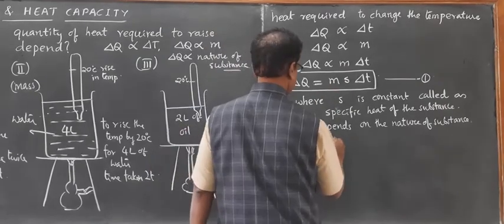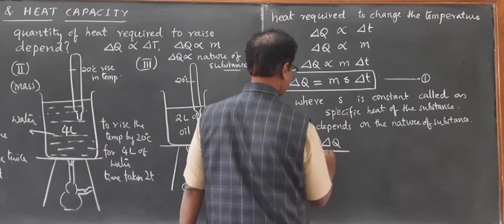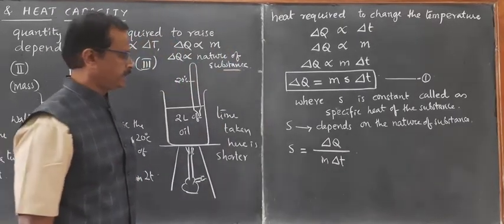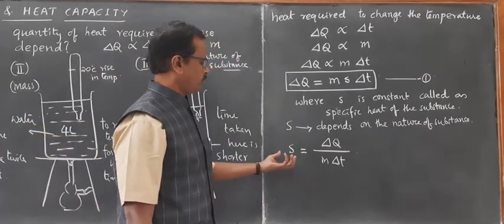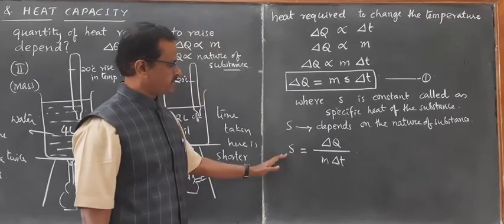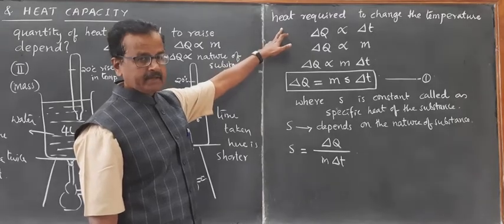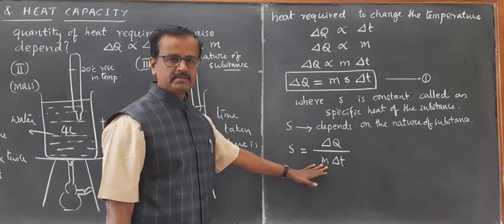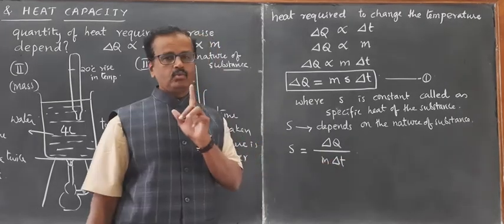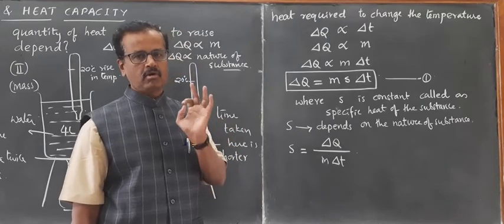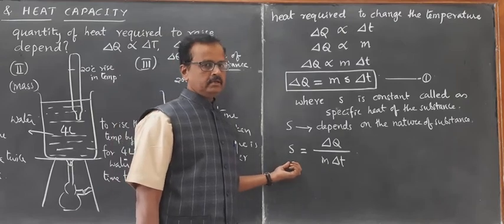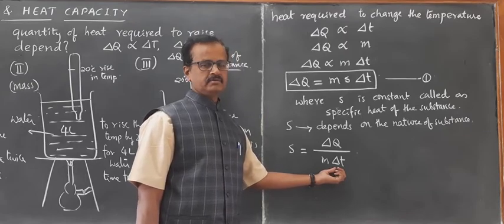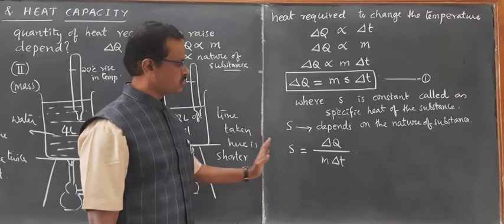Small s is equal to delta Q divided by m into delta T. Specific heat is defined as the amount of heat required per unit mass to raise its temperature by 1 degree Celsius or 1 Kelvin. This is called specific heat.